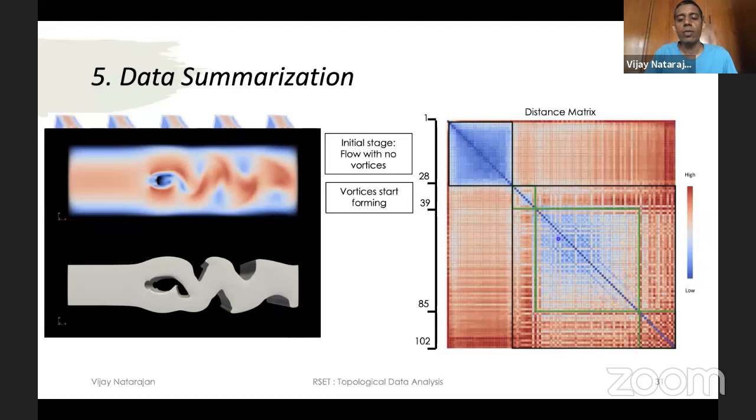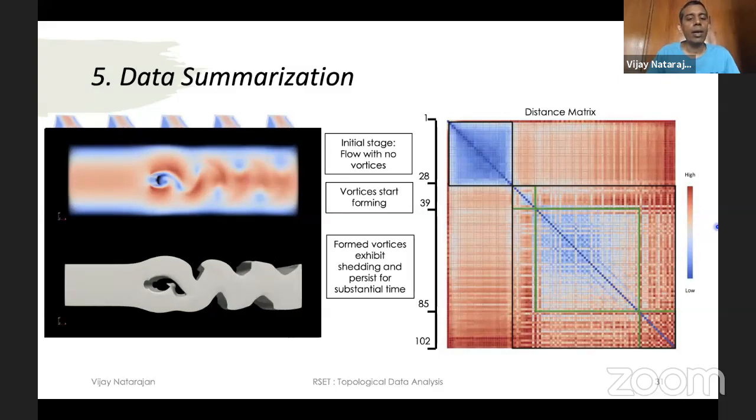If I zoom in, I actually see that the blue alternates with the red, right? So that is a signature for periodicity. It is periodically becoming the same as the first time step, right? So this is where the periodic vortices are exhibited.